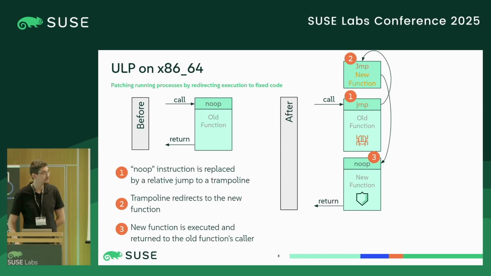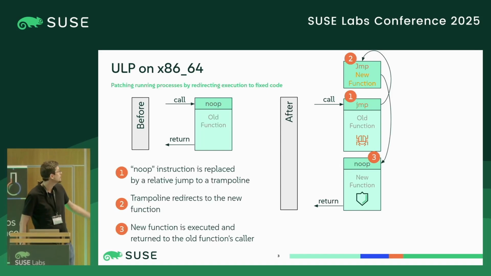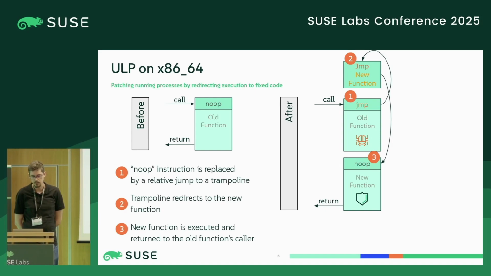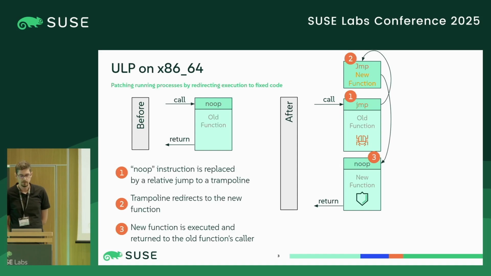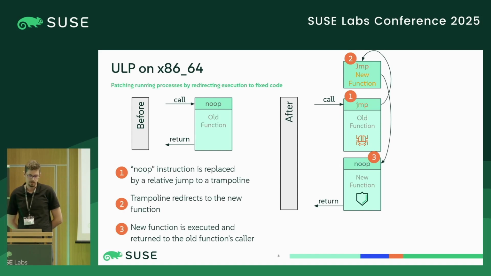So basically, this is mostly how it works. On the left side of the slide, we have the old function. Whatever calls it, there is a no-operation prologue that does nothing when the function is not livepatched. It executes the old function and returns, so it proceeds with normal operation.